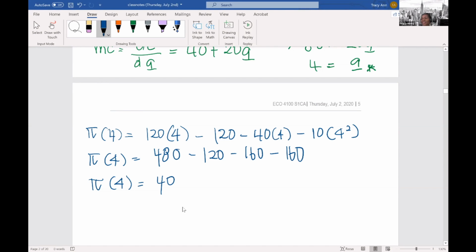So in this situation, yes, the firm should produce. Your profit at Q star equals 4 is positive, so the firm should definitely produce.